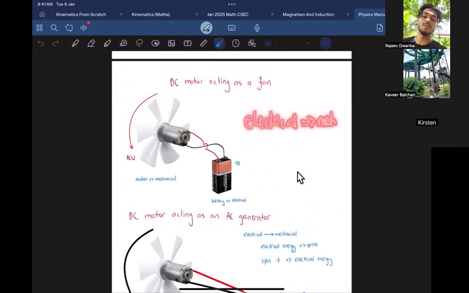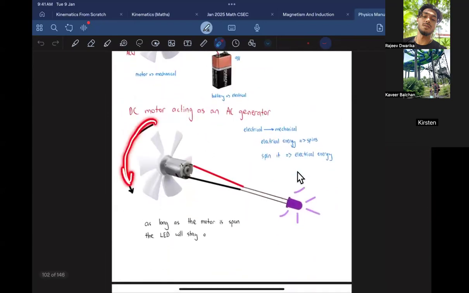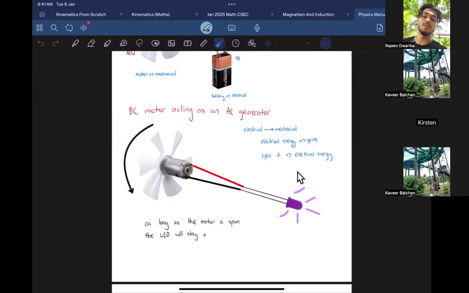That's correct. And now if I spin the motor, I'm supplying what kind of energy to it? Electrical energy. Think about what you're saying. If you spin something, it is mechanical energy, right? Before, you said if you spin it, it is electrical energy.